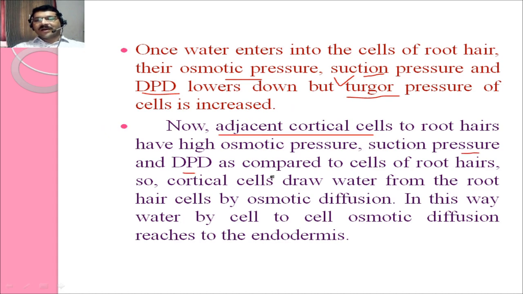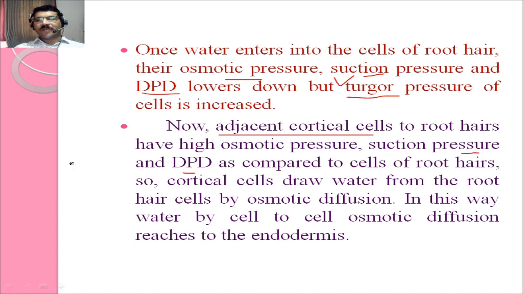So the cortical cells draw water from the root hair cells by osmotic diffusion. In the same way as water from soil entered into the root hair cells, here also water from the root hair cells enters into the cortical cell by the process of osmosis. In this way, water by cell to cell osmotic diffusion reaches the endodermis.